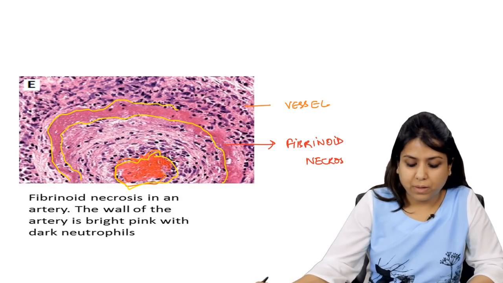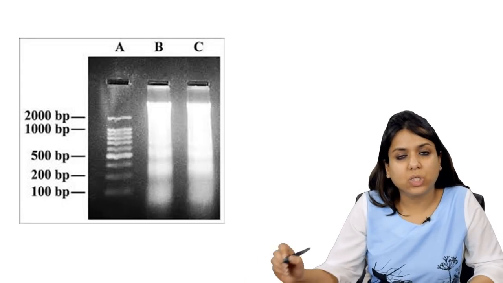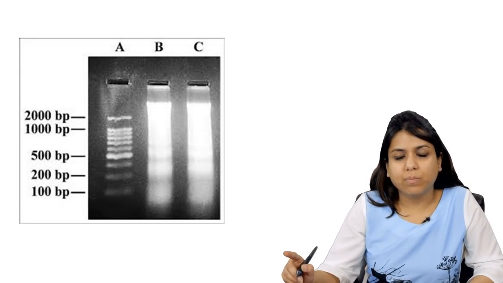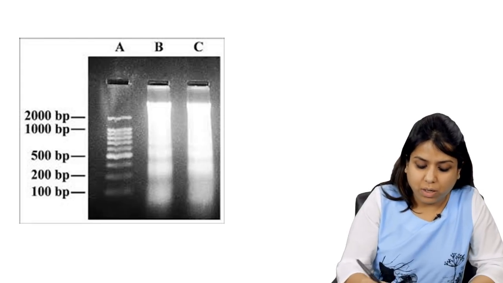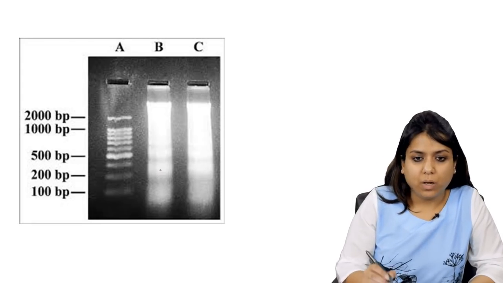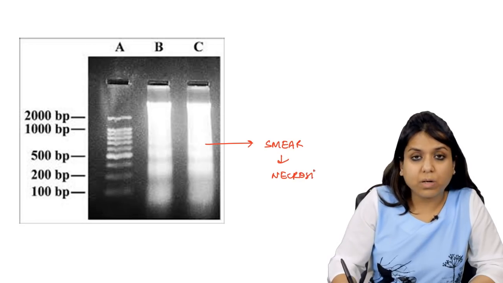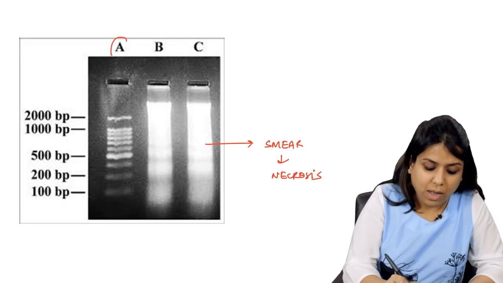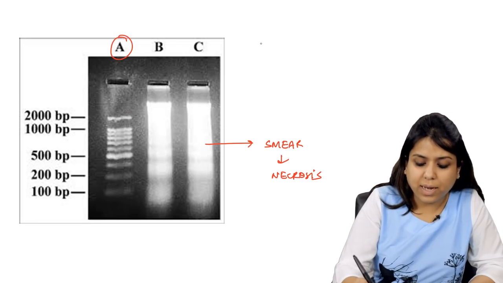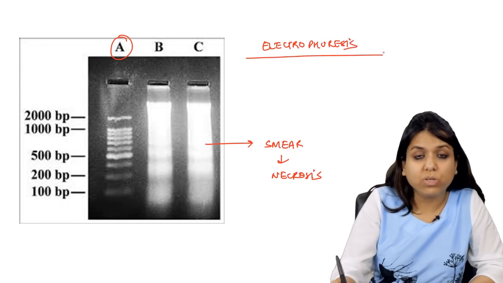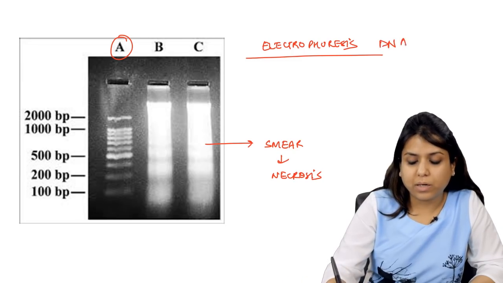Clear? Then an extremely important image, AIIMS 2017, this was a question. An image like this was shown. What is the C line, students? B and C line is the smear pattern seen in necrosis. Smear pattern because it looks like a peripheral smear. And this A image is actually DNA electrophoresis.